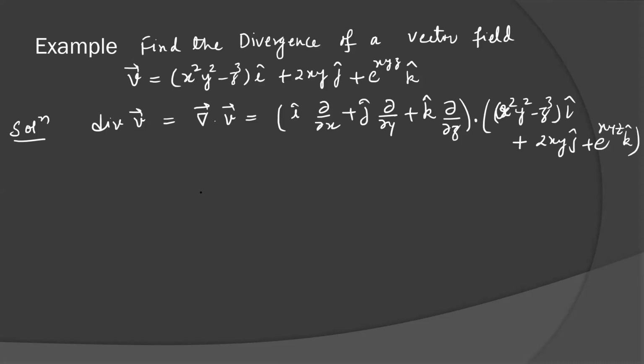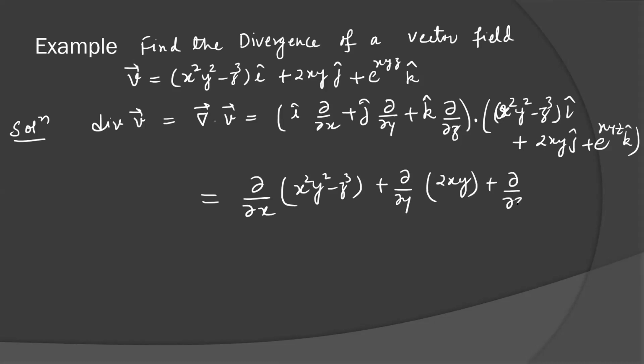If you take the dot product, it becomes del by del x of the V1 part, x squared y squared minus z cubed, plus del by del y of 2xyz plus del by del z of e to the power xyz. So it will be 2xy squared plus 2xz plus e to the power xyz into xy.